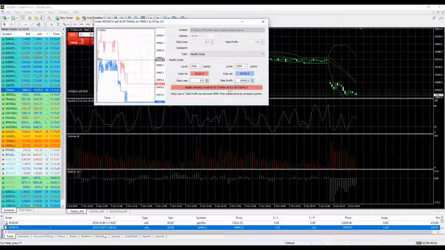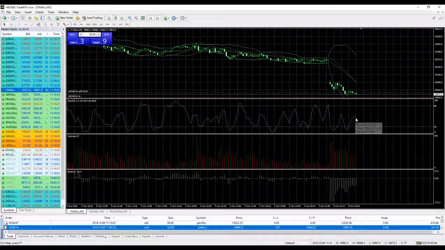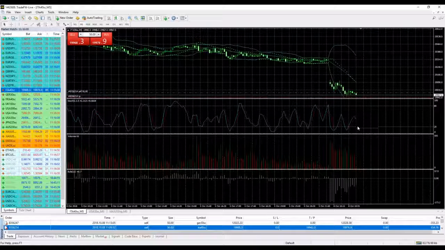This is my take profit. Let's see how it falls. Currently, we are making $600 on Italy 40, which is nice. And I see that my stochastic oscillator is still pointing to a downtrend. So I'm expecting the position to run a bit more.